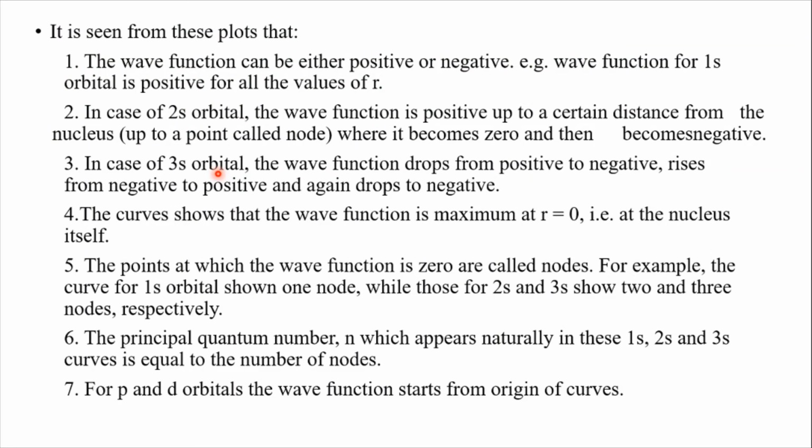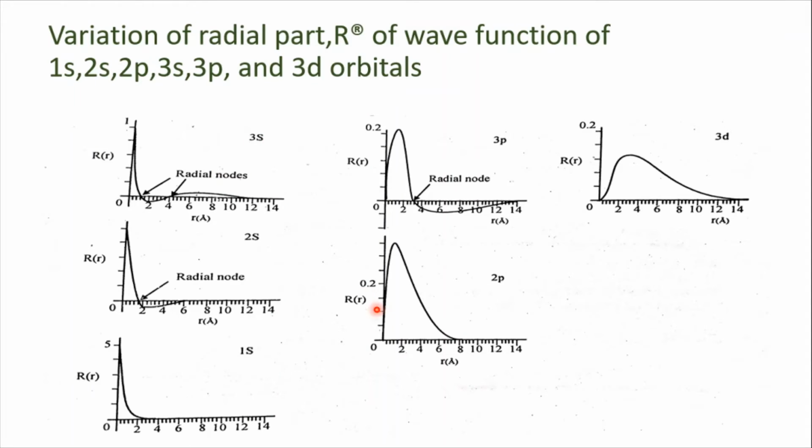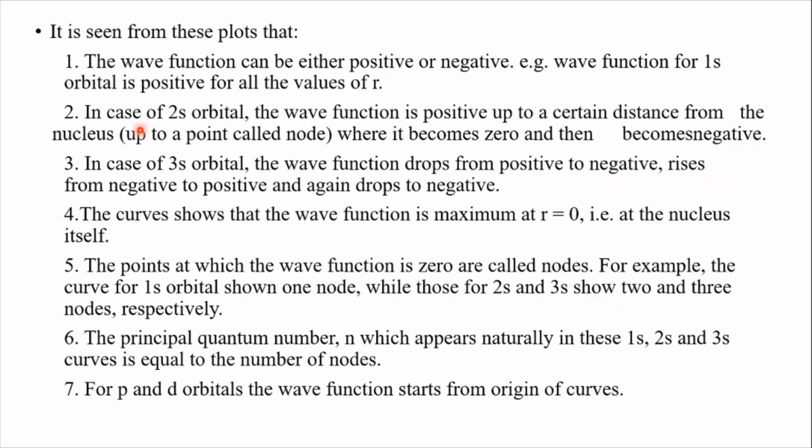So there is a relation between them: the number of nodes for s orbitals is n minus 1. For p and d orbitals, the wave function starts from the origin of the curve. So for the p orbital it starts from 0, while for the s orbital it starts from the maximum. These are the little observations.